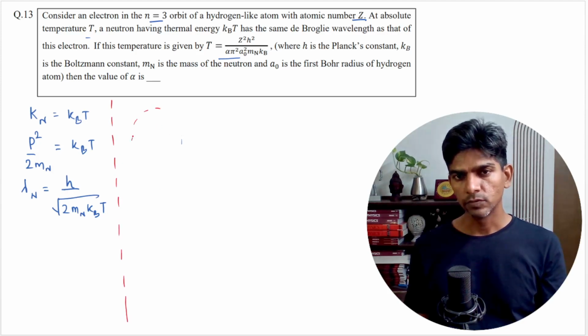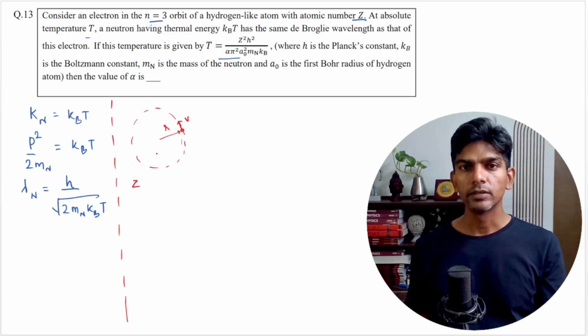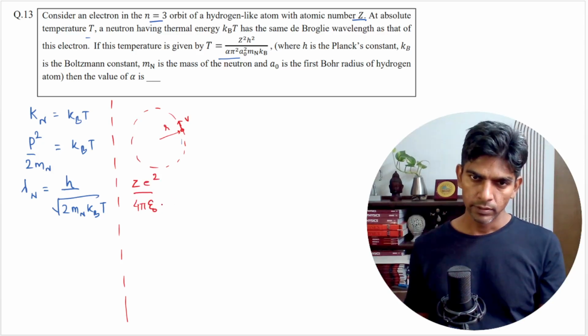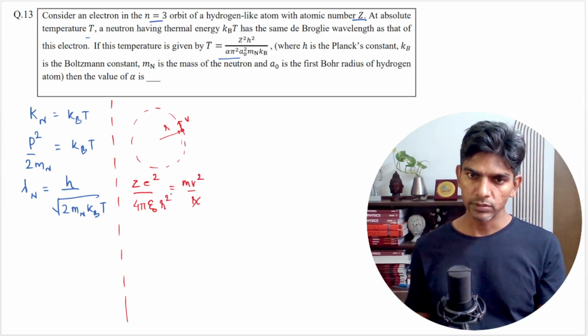So there is an electron which is revolving in a circular orbit. The radius is r and the speed is v. So we can say the centripetal force will be nothing but the Coulomb attraction between the nucleus and the electron. So it will be ZE square divided by 4 pi epsilon naught times r square equals mv square by r. So this will get cancelled out.